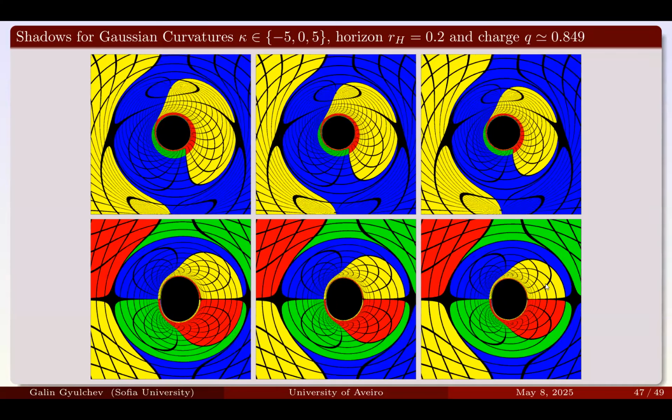And finally, when the charge is not small, the shadows resemble the structure of the Kerr shadow, but this charge from here, because of the presence of the scalar charge, they are a little bit shrunk compared to the shadows of the Kerr constitution, because we know again from the results that the mass of the scalar fields impacts the size of the shadow, and when we have a scalar field, the shadows are a little bit shrunk with respect to the size of the Kerr constitution.